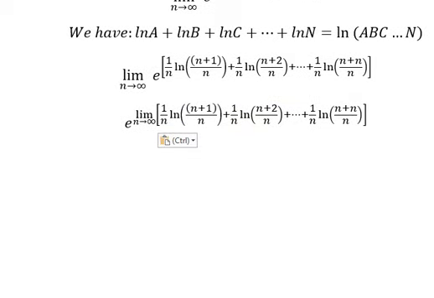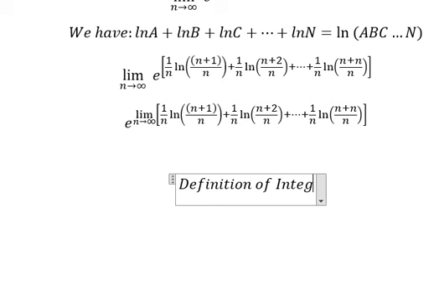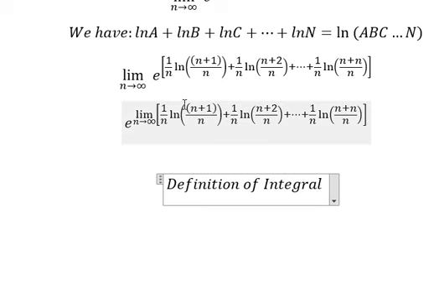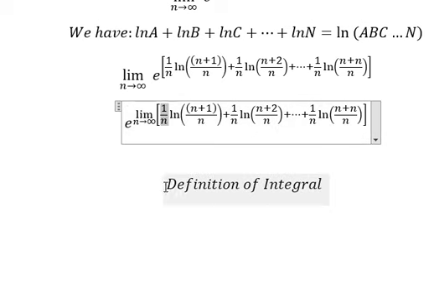So if I use about the definition of integral, this one, that is about the width of the rectangle. This one, that is about the length of the rectangle when n approaches to positive infinity. So that means they will have a lot of rectangles in here.